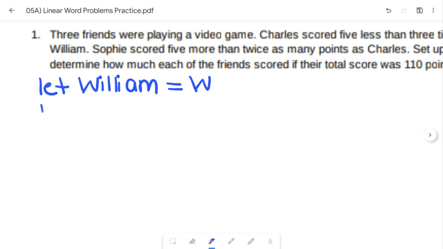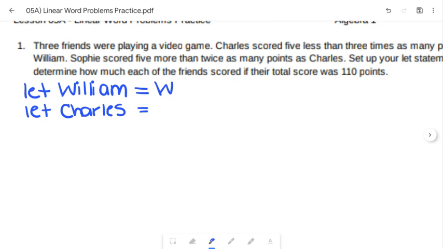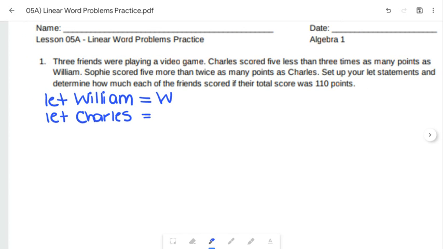But now we can get Charles, so we're going to let Charles equal now. Charles scored 5 less than 3 times as many points as William. So 5 less than 3 times, we're looking at 3W for our times and 5 less.